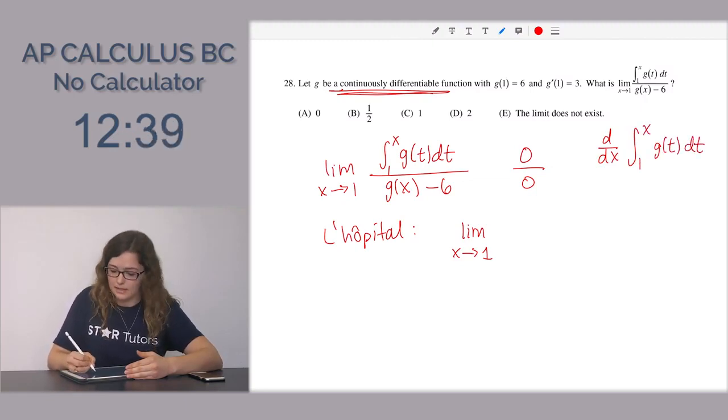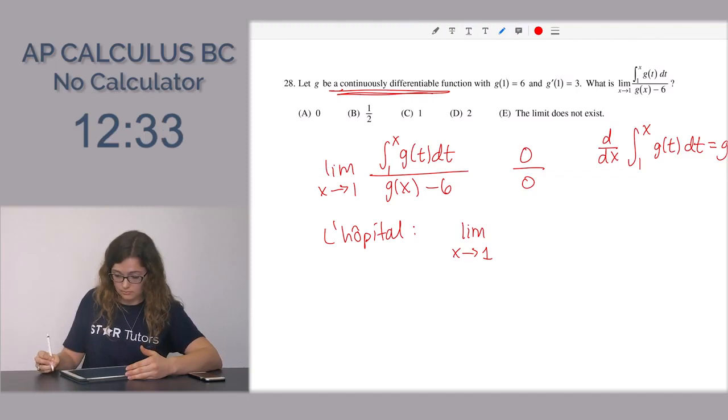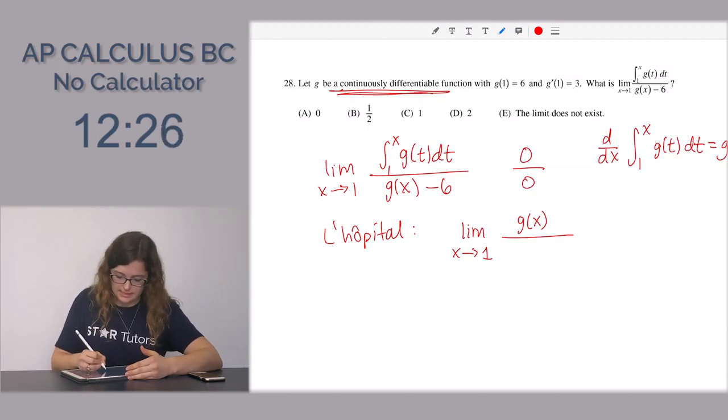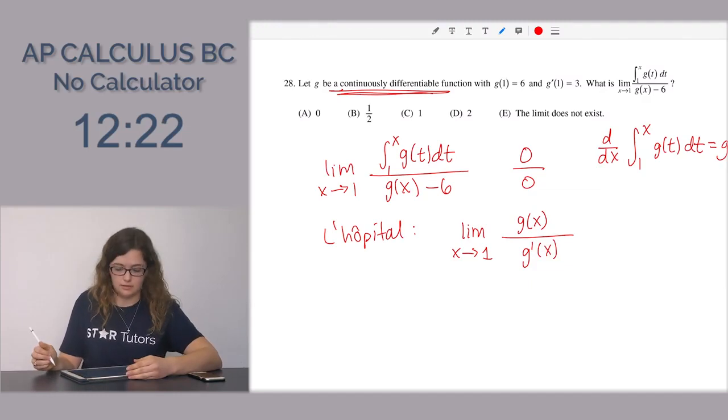By the second fundamental theorem of calculus, this is just equal to g of x. On the bottom, we've got the derivative of g of x minus 6, which is just going to be g prime of x, and the derivative of 6 is 0.